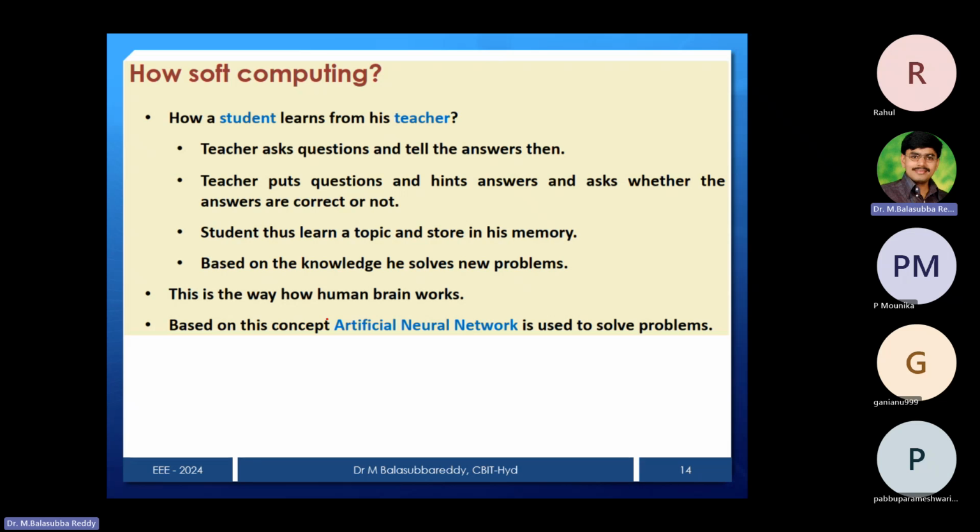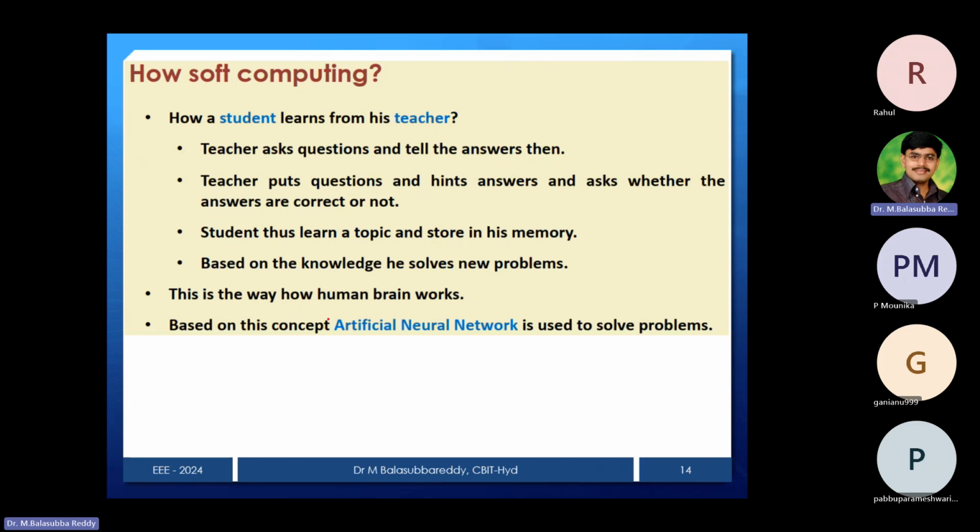Once the teacher gives the hint, the student can answer that. Then after that, the teacher will explain whether the answer is correct or wrong. Then the student learns the topic and stores it in his memory. So this is another way, the remembering concept.